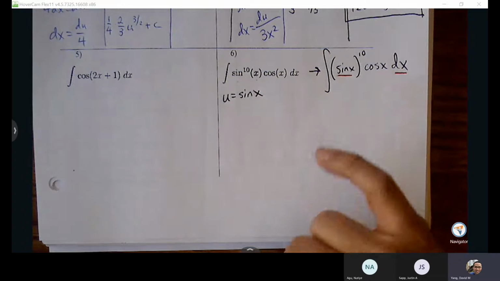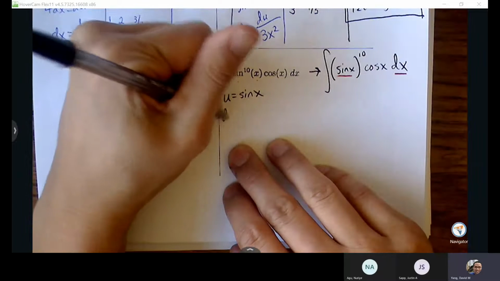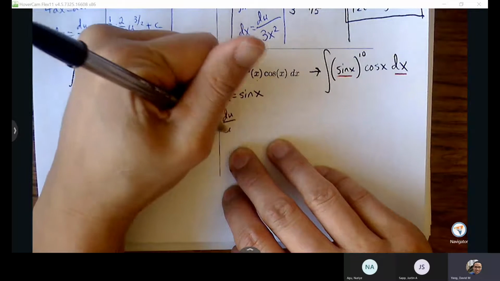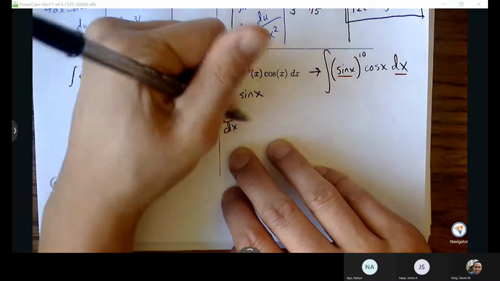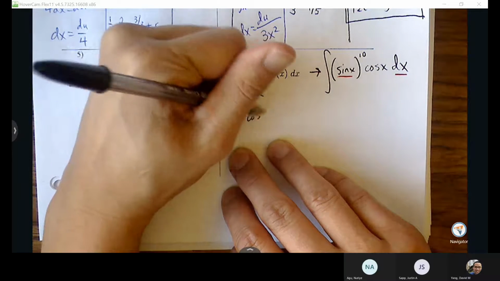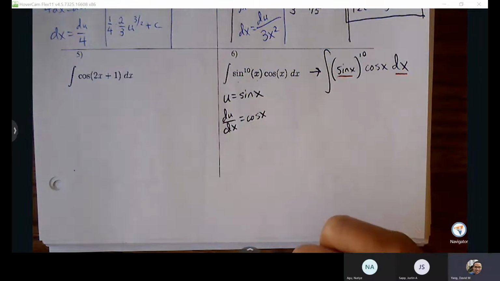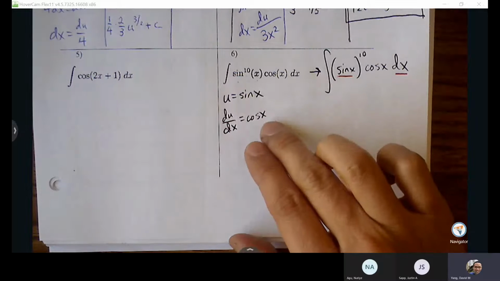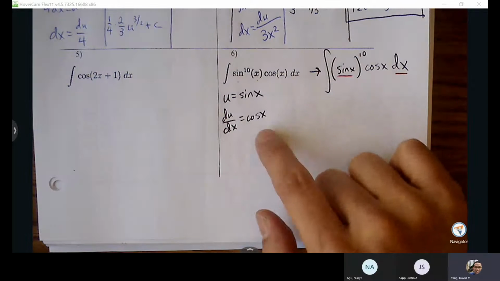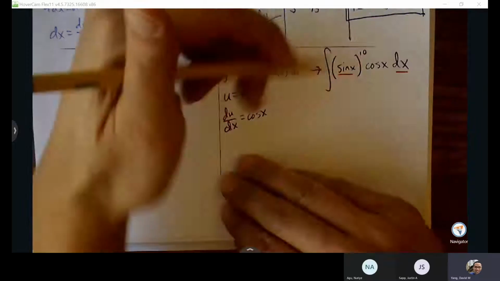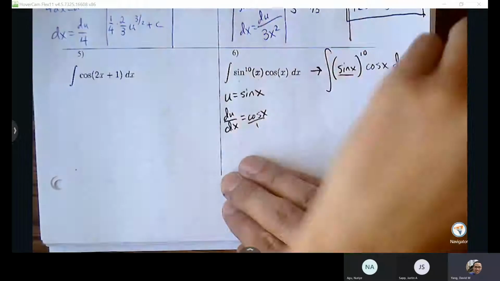What's the derivative of sine? Cosine. Just cosine x, times 1, yeah, cosine x times 1, that's right. I'll leave that times 1 alone. It's not going to impact us. Okay, cross multiply, solve for dx.